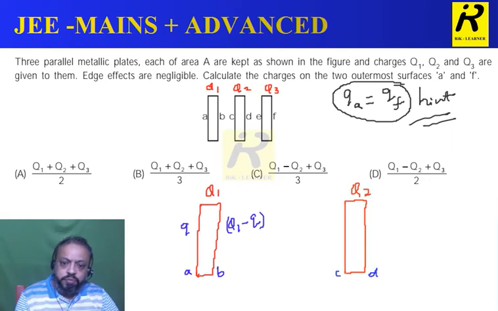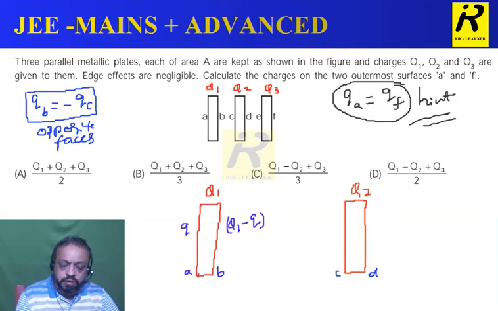One hint I am giving you now: always the opposite faces of two different plates in such arrangements should have the same amount of charge but opposite in sign. That is, QB must be equal to minus QC. This is one more hint that you must know: opposite faces.